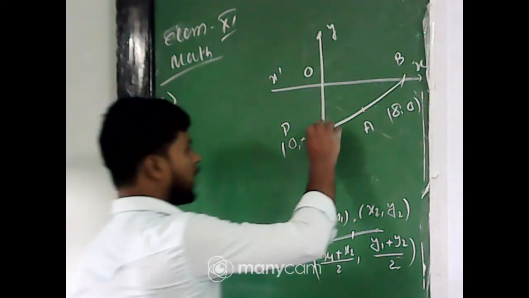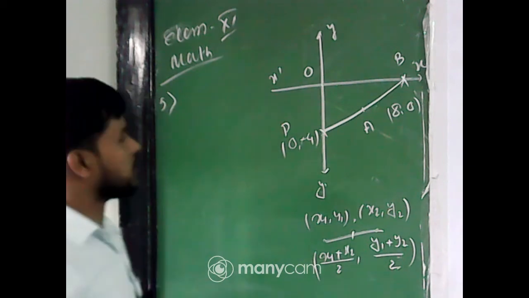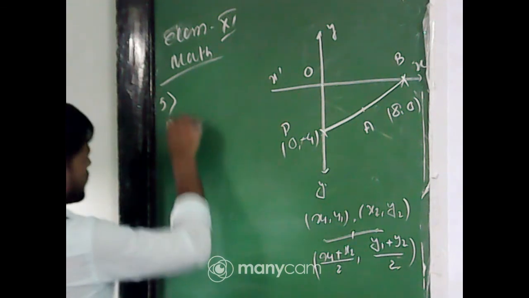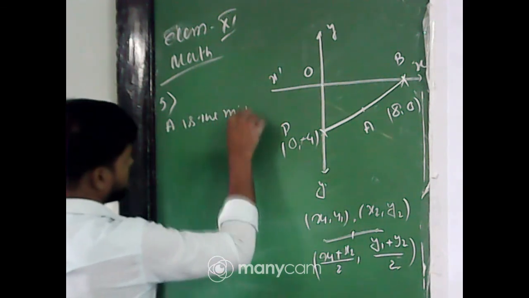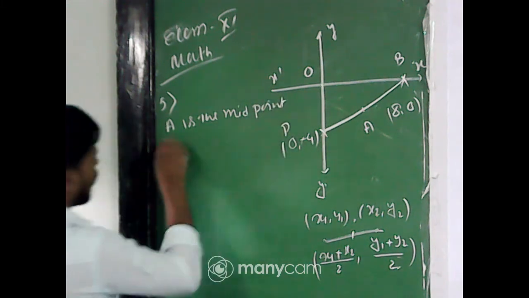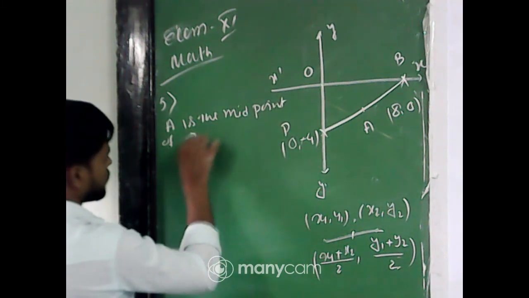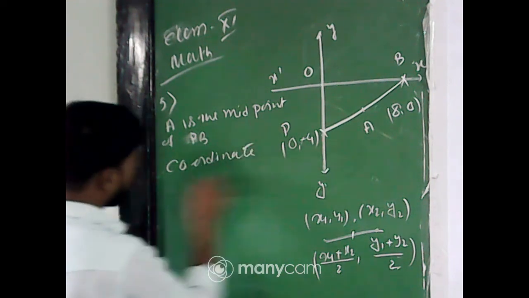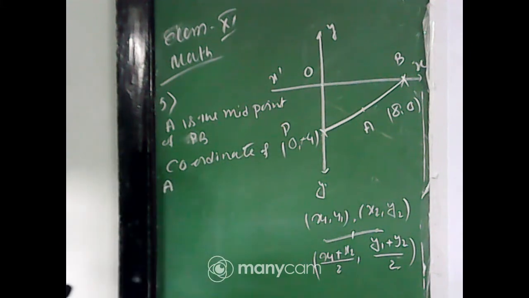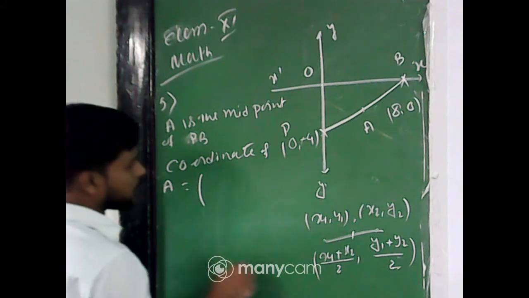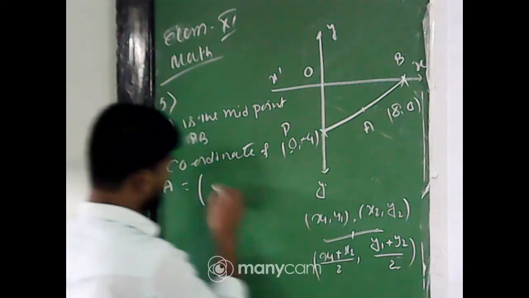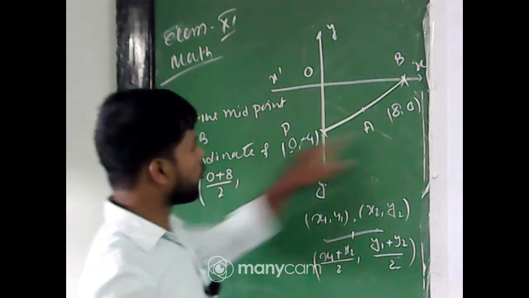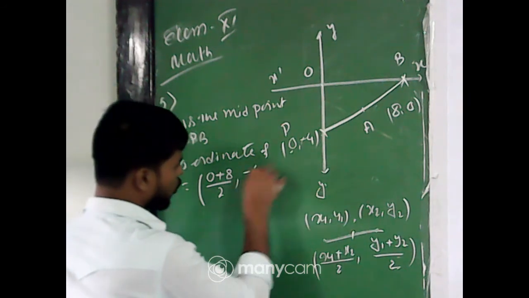Now look here, the coordinates of the end points are given. If we consider A is the midpoint of the line PB, therefore the coordinate of A will be the sum of the abscissae, 0 plus 8 by 2, comma the sum of the ordinates, minus 4 plus 0 by 2.